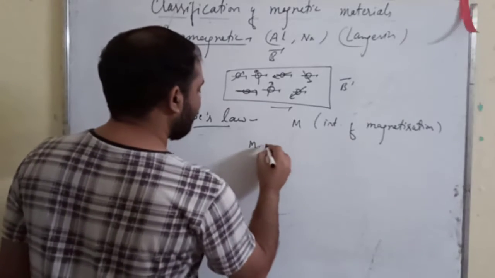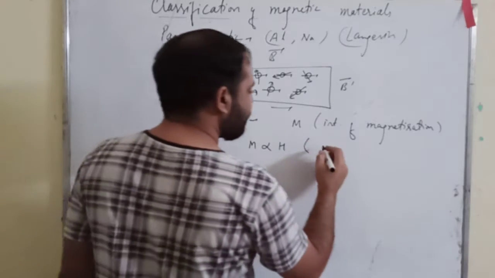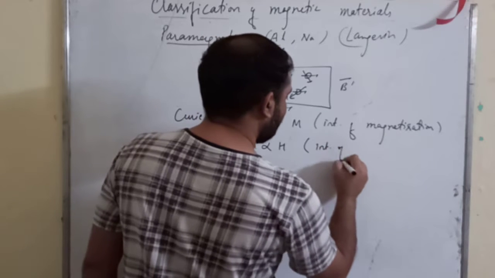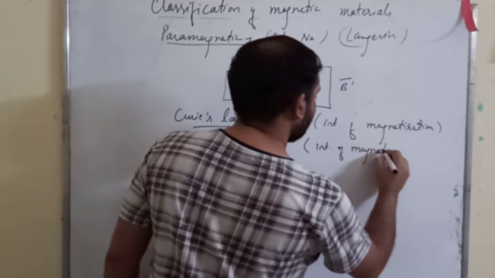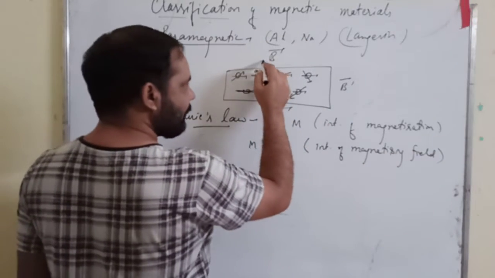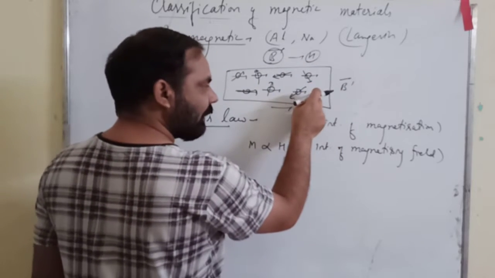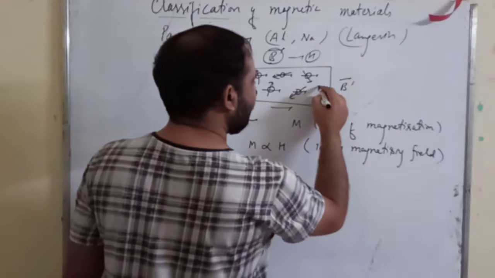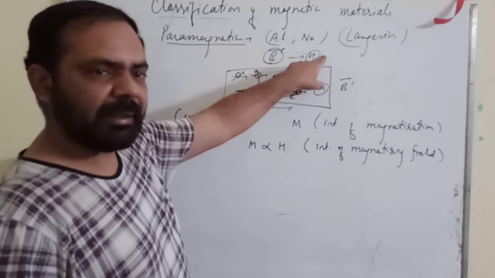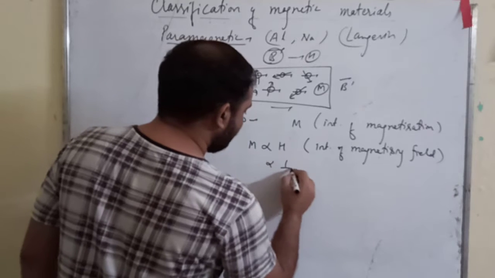That intensity of magnetization is directly proportional to H. What is H? H is the intensity of magnetizing field. This is the magnetizing field, so it has H. This is the magnetized material, so it will have M. This M is directly proportional to the intensity of magnetizing field, and inversely proportional to the absolute temperature.